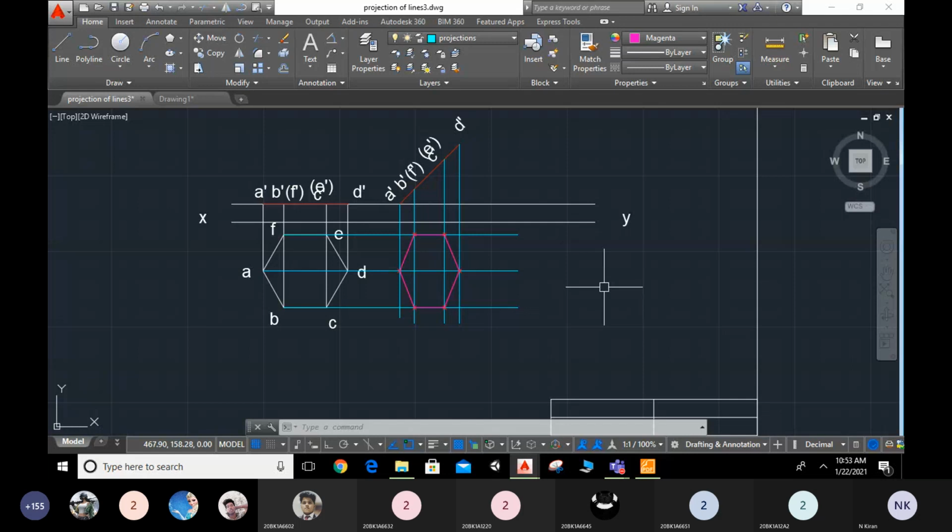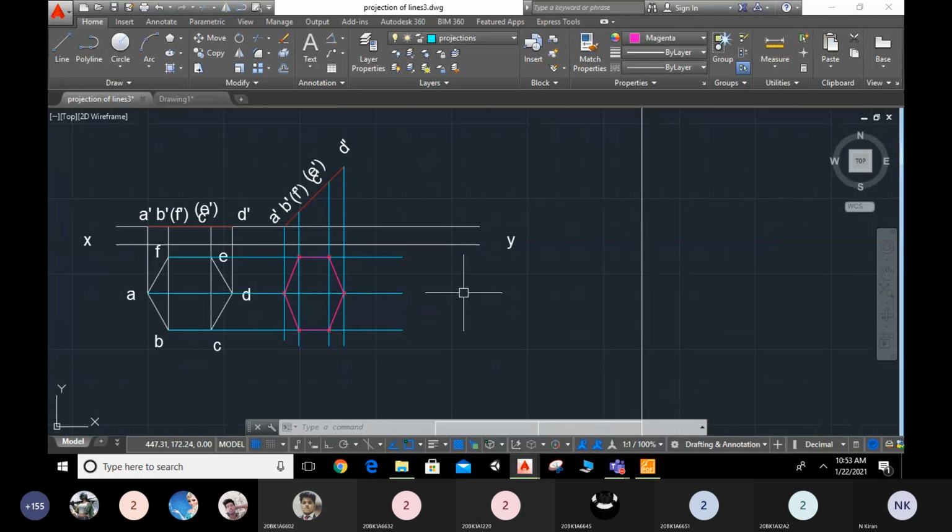Okay, now what I want to do, see, if there is another angle inclined to this one, what I will do is copy this, whatever options I got. Okay, see, I will select somewhere like this, this rectangle portion only.